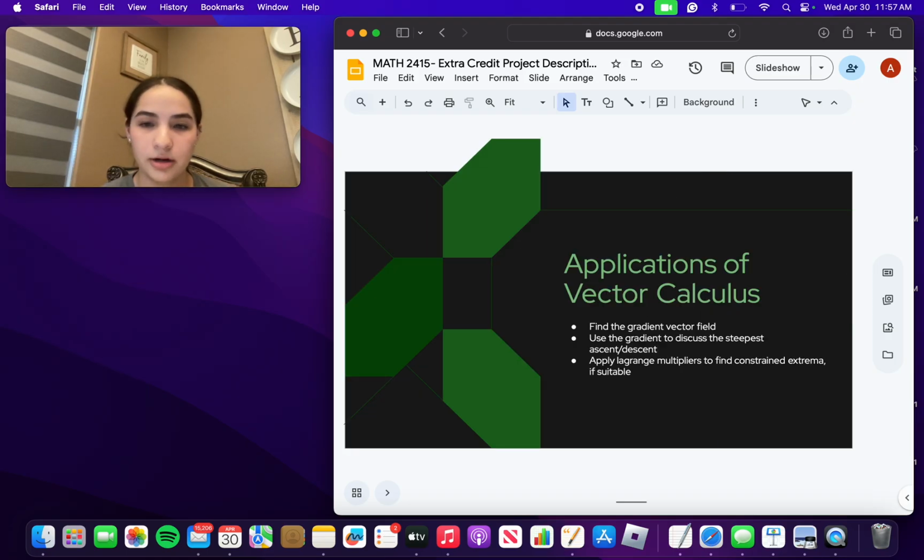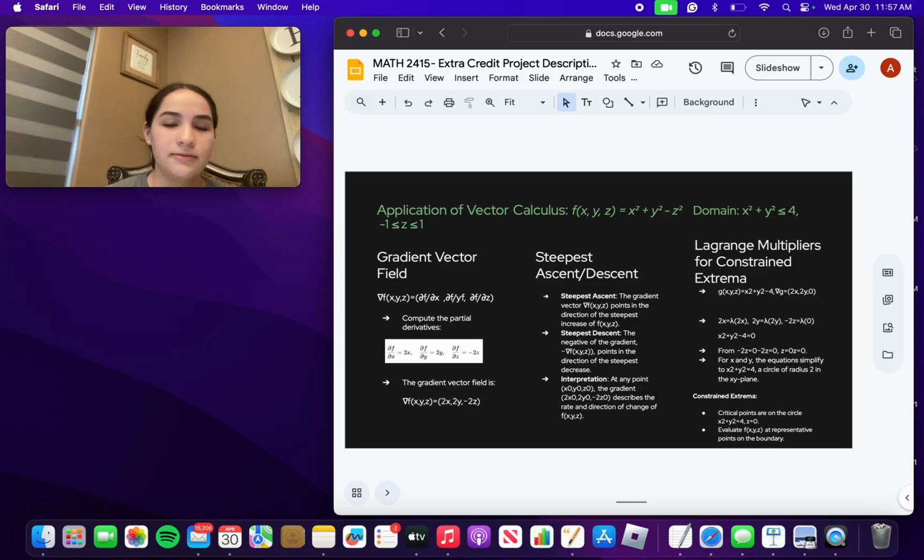For the third part, it went over applications of vector calculus. So basically I found the gradient vector field, the steepest ascent and descent, and then did the Lagrange multipliers for constrained extrema. For the gradient vector field, we got this and then computed the partial derivatives to get these values.